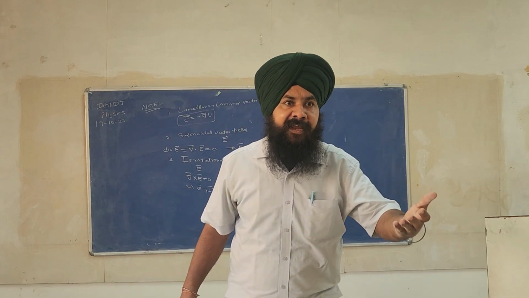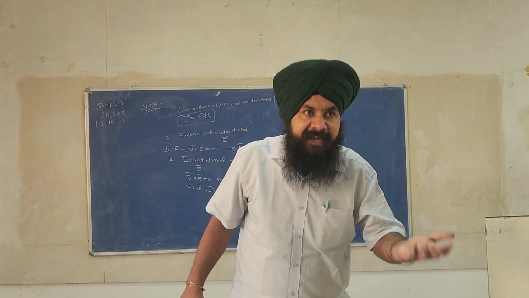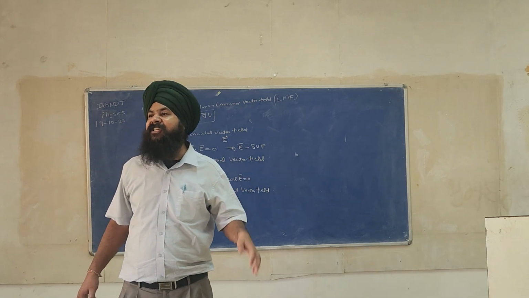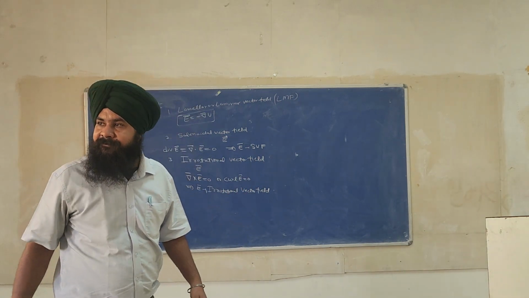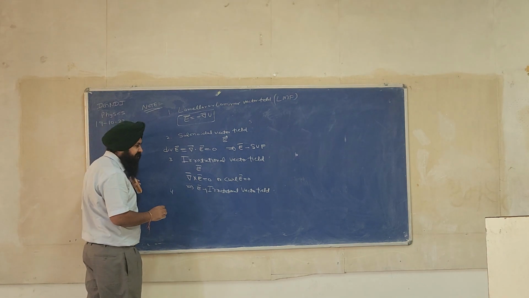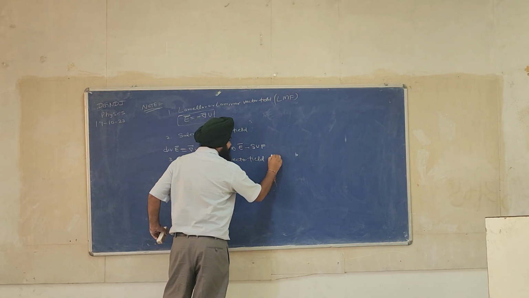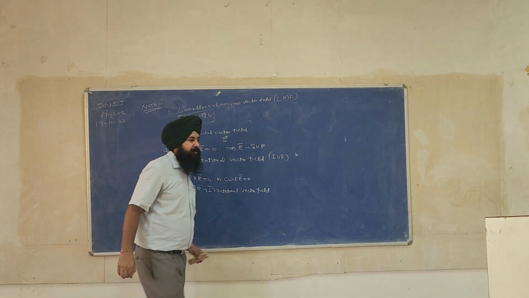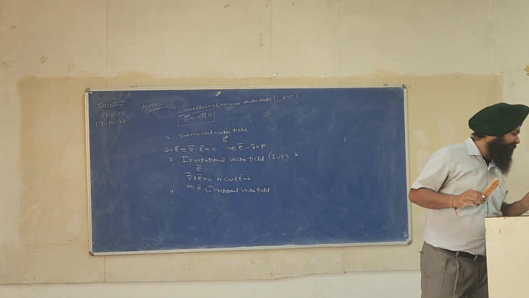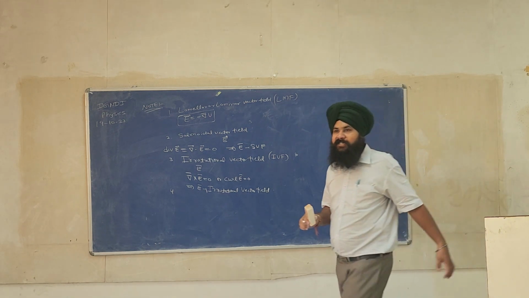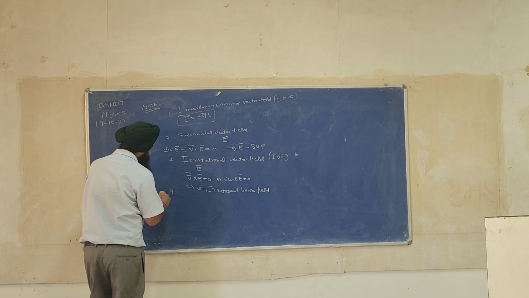If curl of E, meaning del cross E, comes out to be 0, this means that E will be an irrotational vector field, also called IVF. Now let us come to the last one, the rotational vector field.